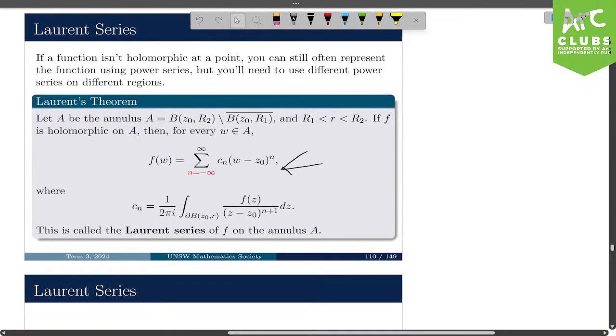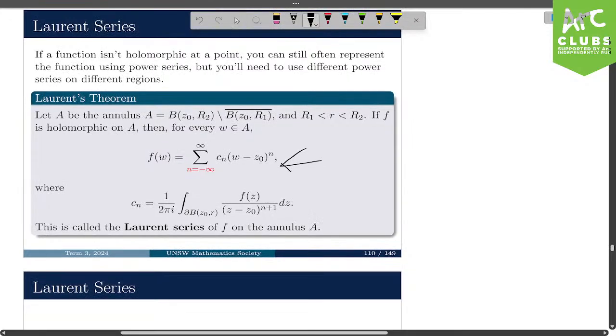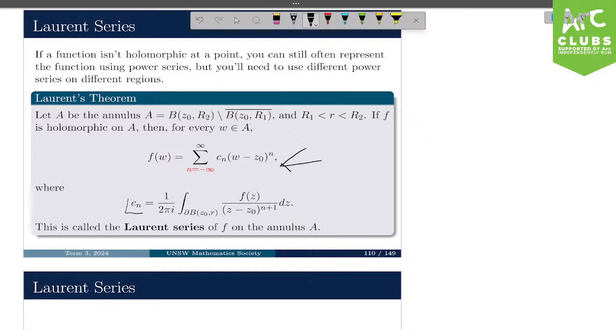But really, all we want to care about is the fact that Laurent's theorem tells us that the coefficient Cn is given by 1 on 2 pi i integral around the boundary of a function over z minus z0 to the power of n plus 1. z0 is where we are measuring about, so that's whatever thing in the middle, okay?